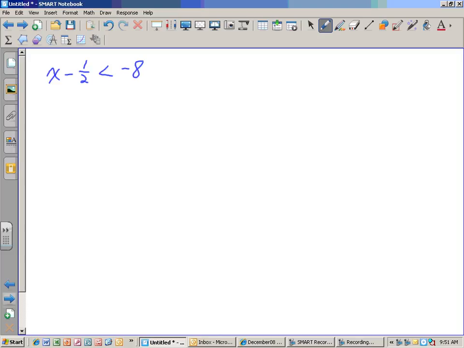We have to add the 1/2 to both sides. These two will cancel. And I have x. Now sometimes they list this variable as being an m or an n. It's no big deal. It's solved the same way. The less than sign stays. Now what's -8 plus 1/2? -7.5. Let's write it this way.